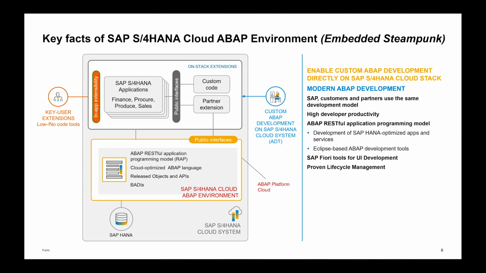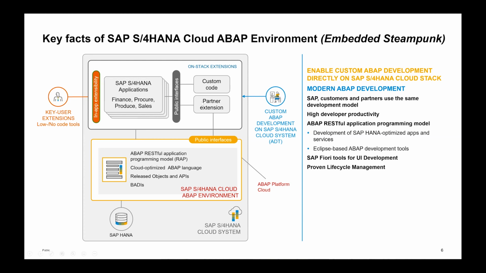Now we have everything on stack, which means on the same stack, you can develop a JET application, your own application, a shopping cart, in an S/4HANA Cloud system using developer extensibility. In this JET application, you can access all the APIs from finance and procurement, not as remote APIs but as local APIs, which means all the APIs that were previously remotely accessible are now local APIs on the same stack.